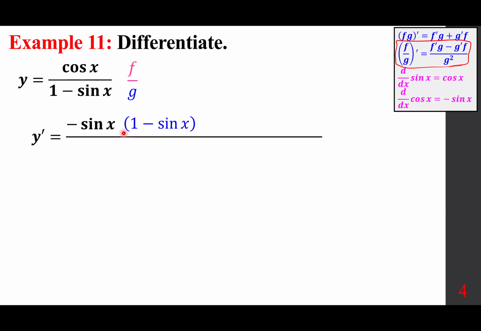the derivative g'. So the derivative of 1 is 0, minus the derivative of sine, which is cosine x. So because of this negative, we have minus cosine x. So minus cosine x times the top. The f function is cosine x also.